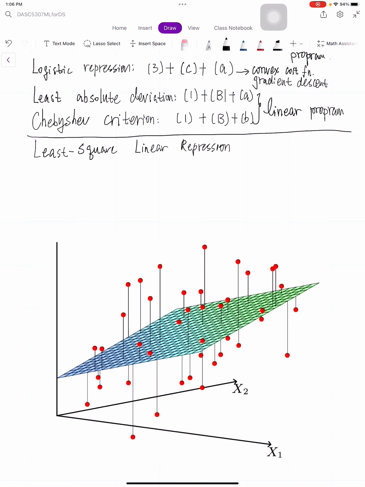Okay, so recall, if you took any statistics class or a data science computing class, we already gave you linear regression.